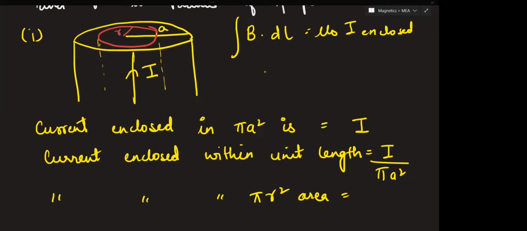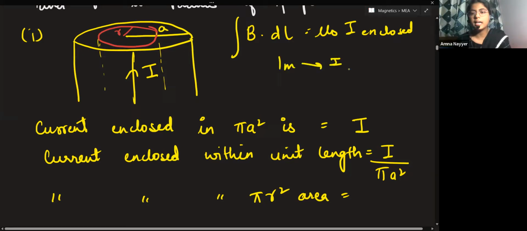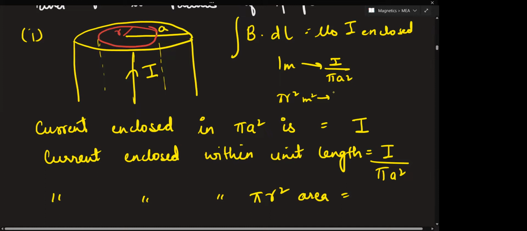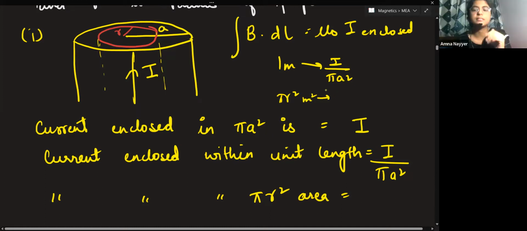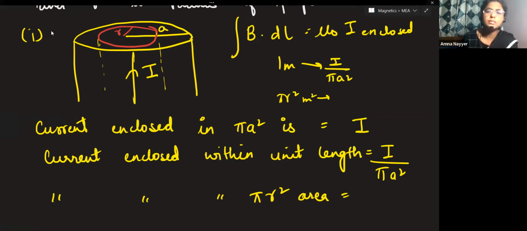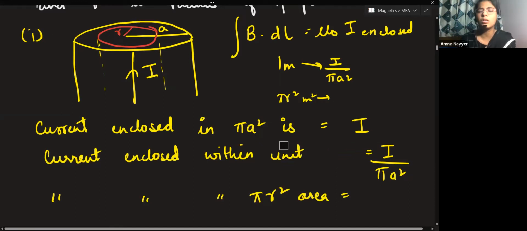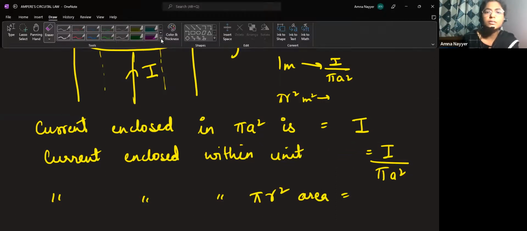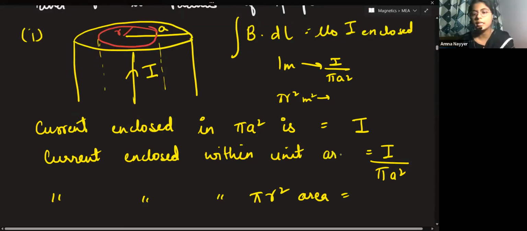See, for 1 meter, it's I by pi a square. Now, Fatima, tell me, if for 1 meter it is this, for pi r square meter it will be? Pi r square into I. Yes, pi r square into. It shouldn't be unit length. Basically, it should be unit area. Let me change this because we are taking the area, so it should be unit area.